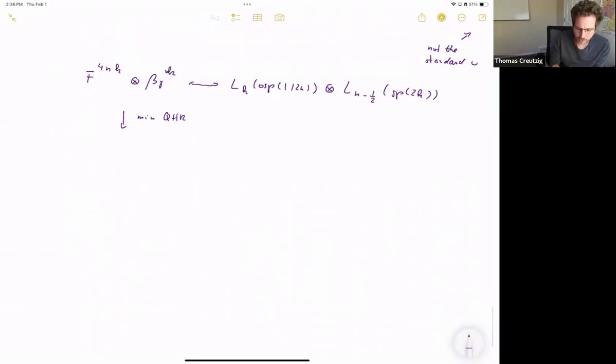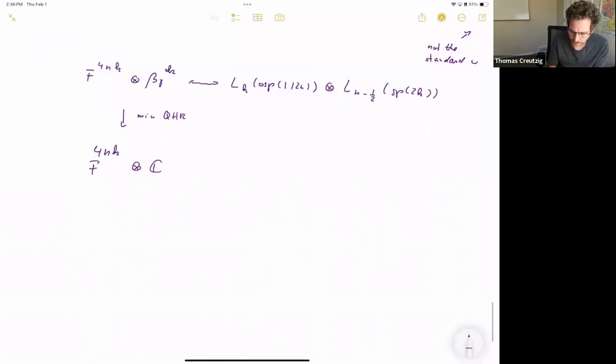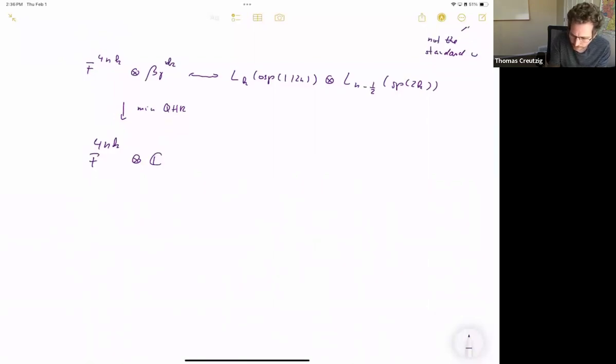The minimal quantum Hamiltonian reduction of k beta gamma systems is in fact trivial. So on this side you are just left with your many free fermions. But on the right-hand side, what it does is it replaces the affine VOA by its minimal W algebra.